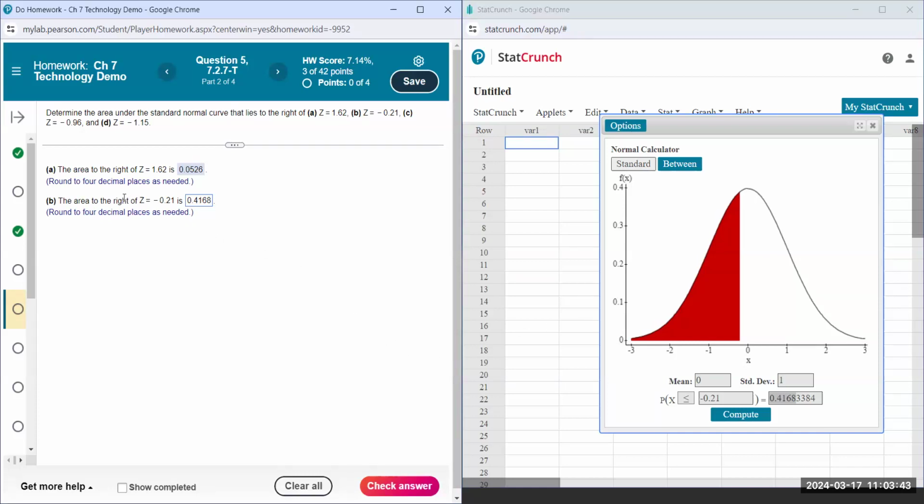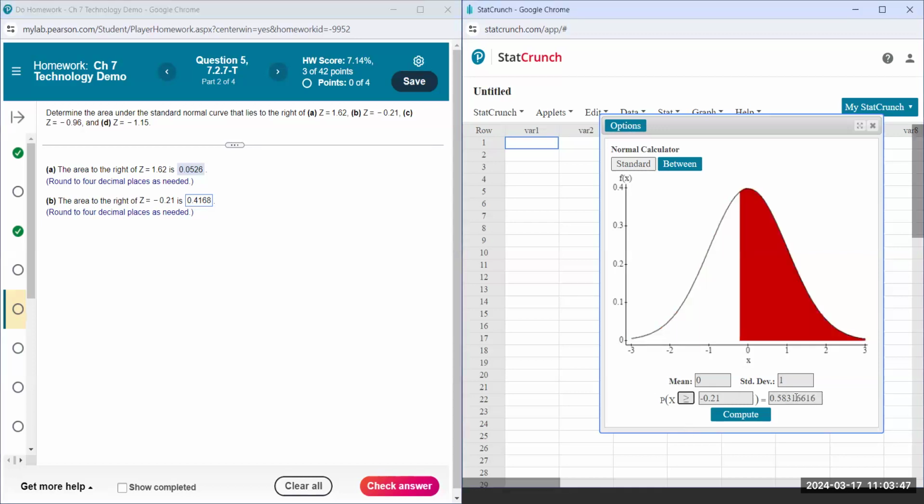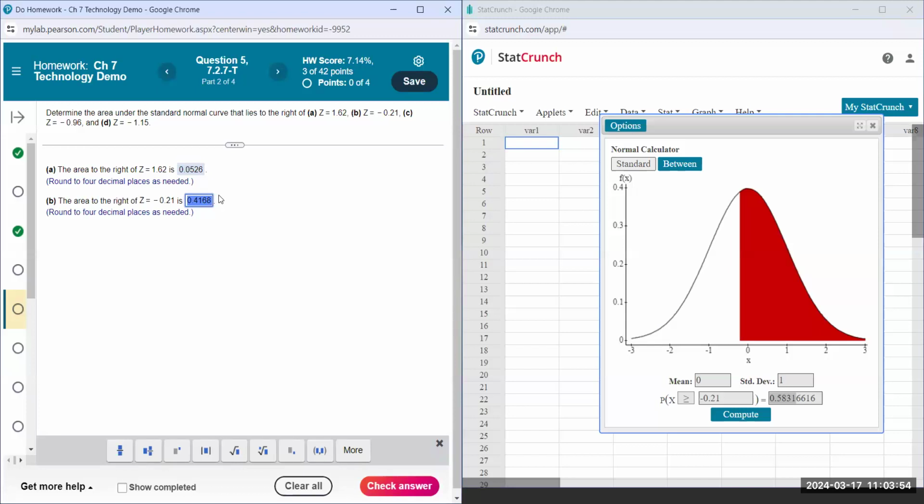Oh, I put to the left. It said right again. My bad. Sorry. Should be reading carefully. So good eye if you caught my mistake there.